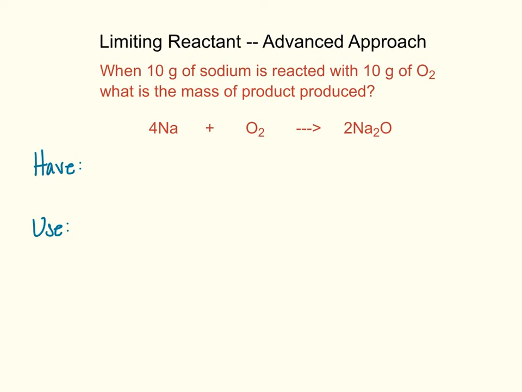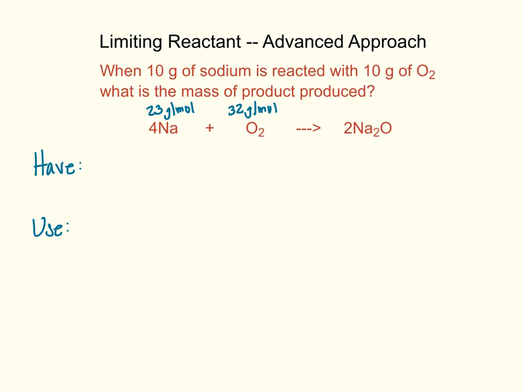So when 10 grams of sodium is reacted with 10 grams of oxygen gas, what is the mass of the product produced? My molar mass for sodium, I know, is 23 grams per mole, and O2 is 32 grams per mole. In order to figure out what I have, I want to know what I have in terms of moles.